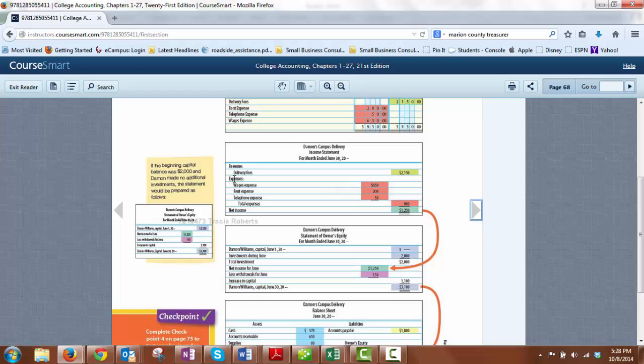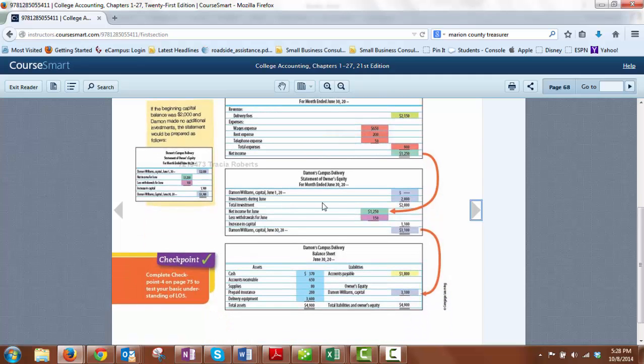That's it. Those are the only types of accounts you should ever put on an income statement: revenue and expenses. And if you take a look, most of the expense accounts have the word expense at the end of them.